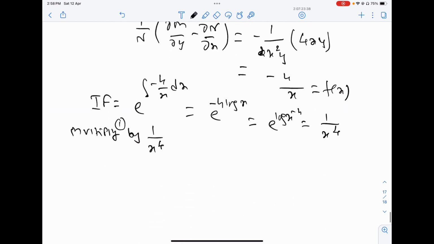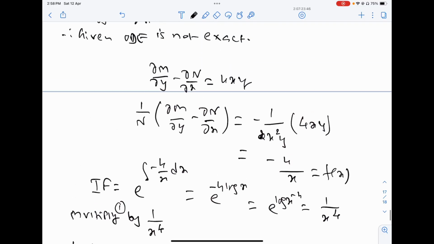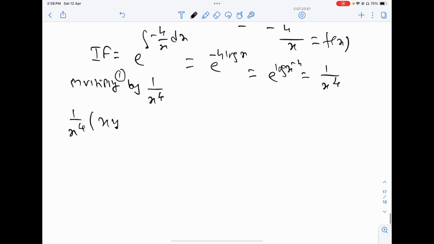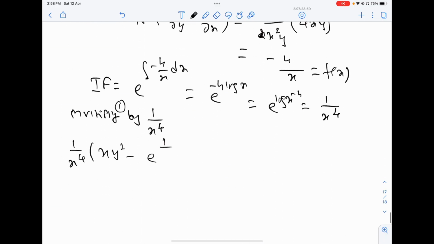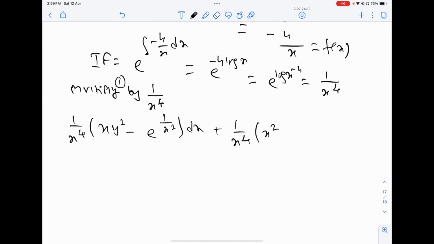So 1 over x power 4 times (xy square minus e to the power 1 upon x square) dx, plus 1 upon x power 4 times (minus x square y) dy equal to 0.